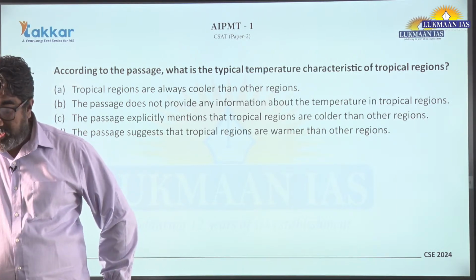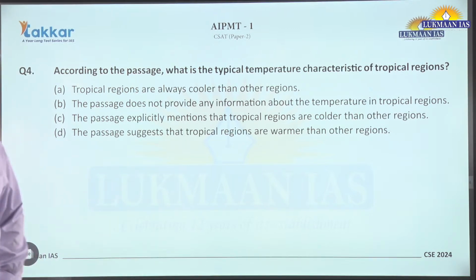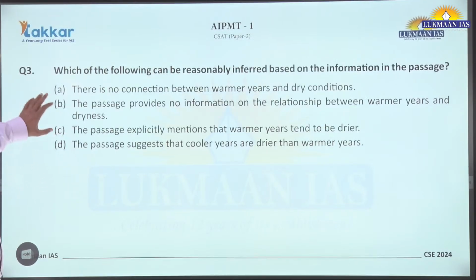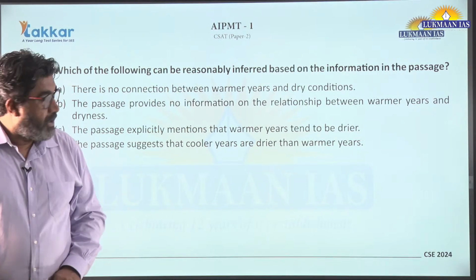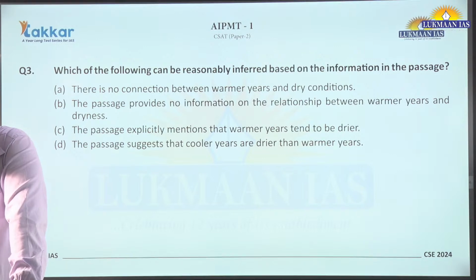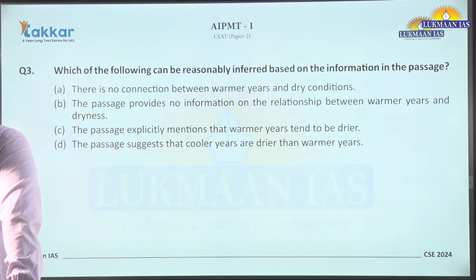What is the first option? That there is no connection between warmer years and dry conditions. Whereas the passage clearly states that warmer years also tend to be drier. So option A is wrong.